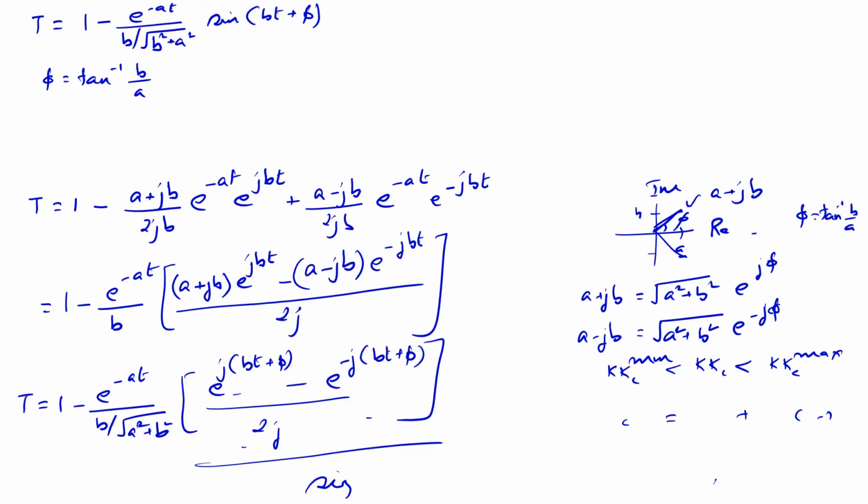So this is the response. You can see that this is a sinusoid multiplied by an exponential. The sine wave always oscillates between -1 and 1, but for a positive a, e to the power minus at will become slower and slower and slower.